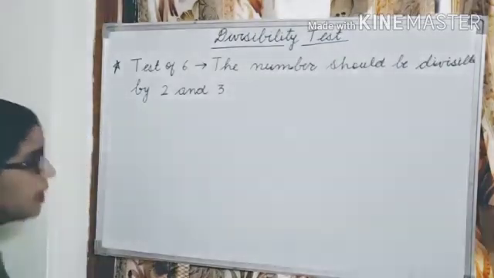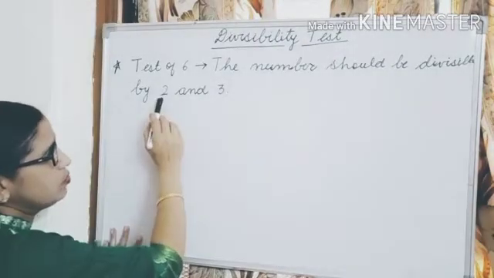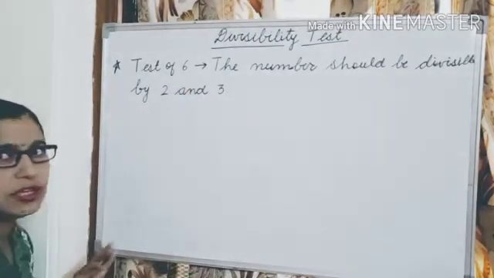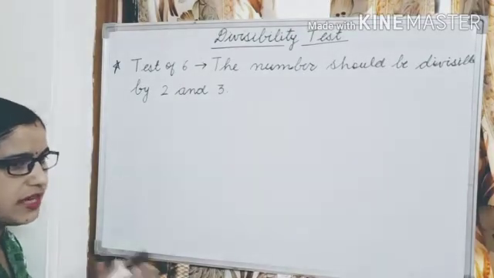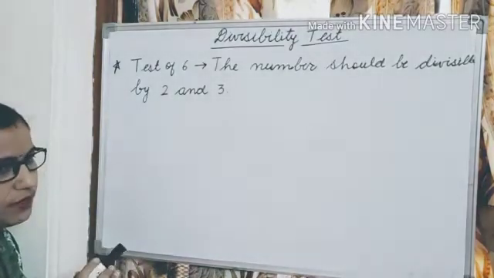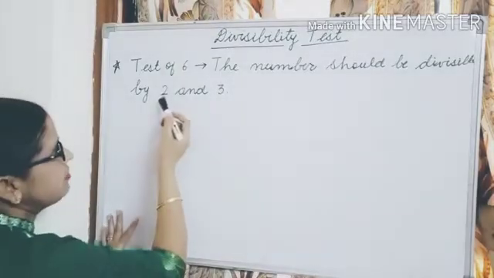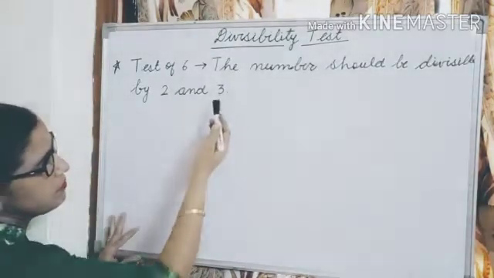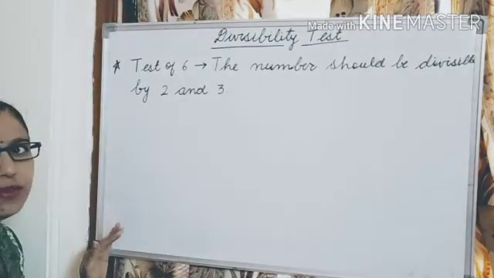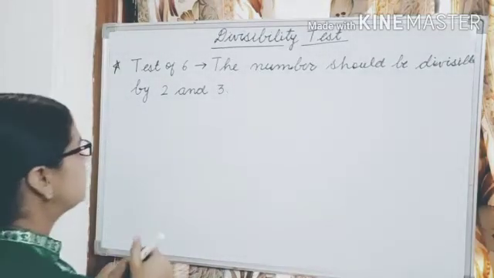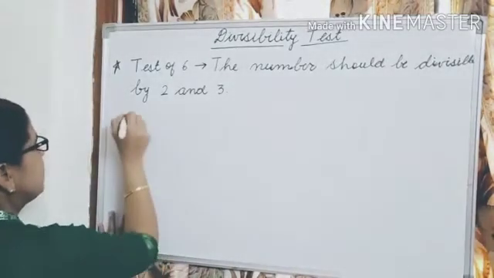If any number is divisible by 2 and also divisible by 3, then and only then it will be divisible by 6. If a number is divisible by only 2 or only 3, then that number will not be divisible by 6. Now I am giving you an example.